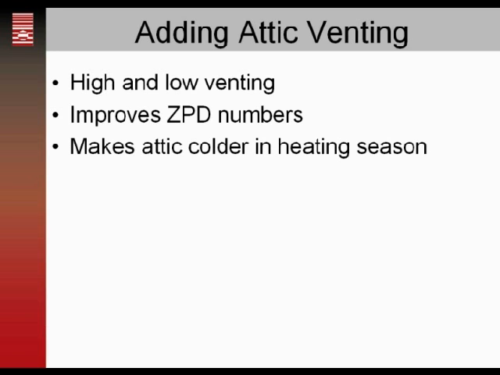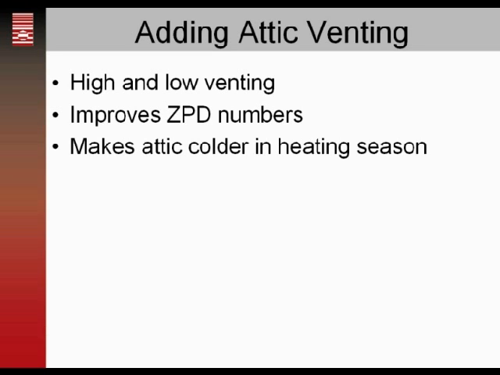If you have enough low soffit venting and ventilation chutes between the soffit and the attic to allow airflow above the insulation to get into the attic space, then the air is going to be vented out through the top, and it's going to draw air in through those low roof vents.